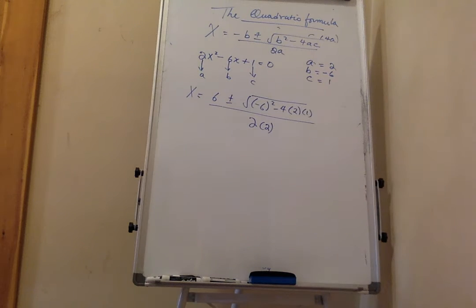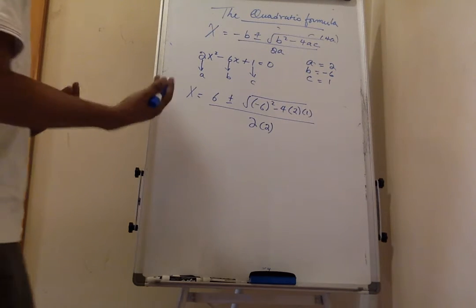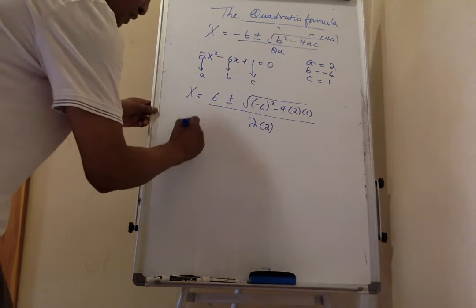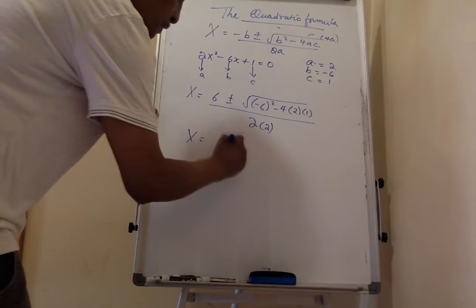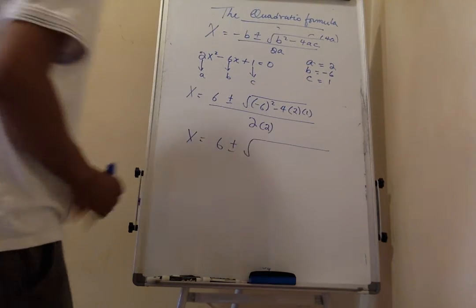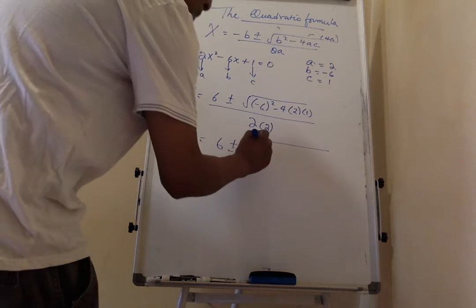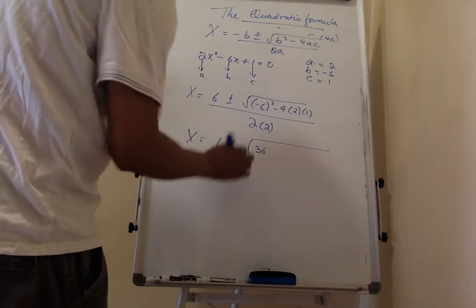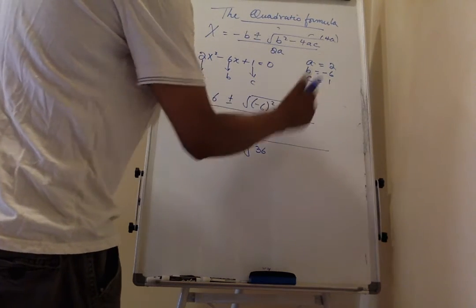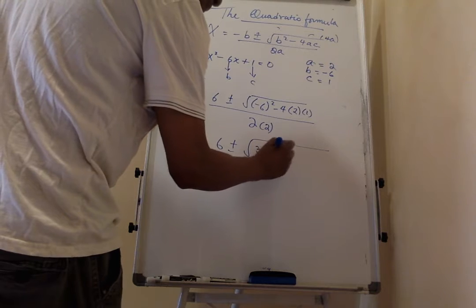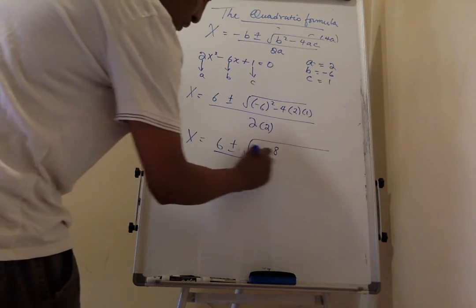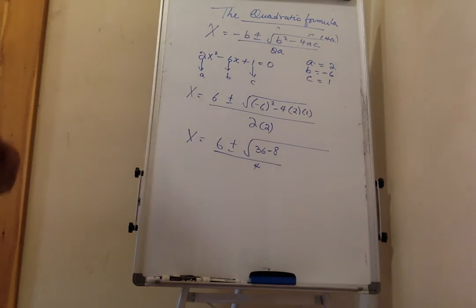Okay. So this is not difficult, it's just plugging in. So you have negative 6 squared will give you positive 36. 4 times 2 is 8, so 36 minus 8 over 4, right?